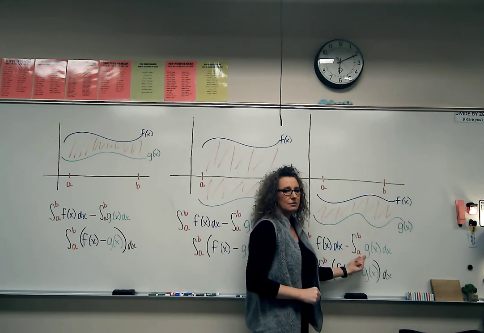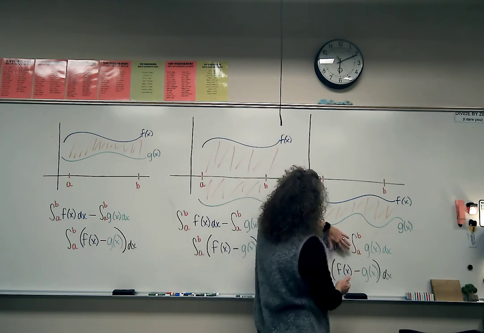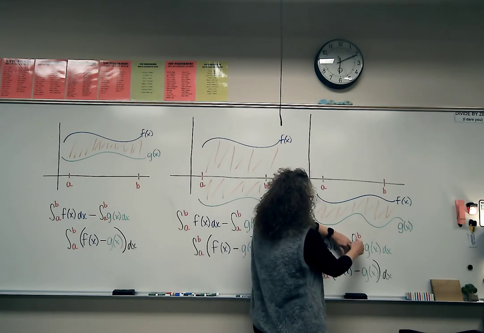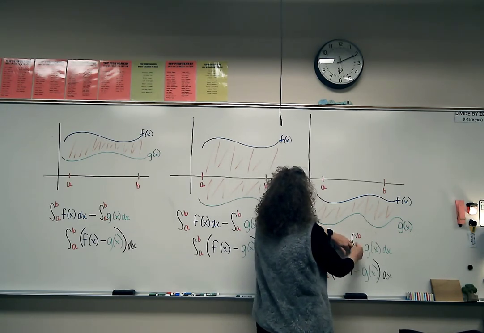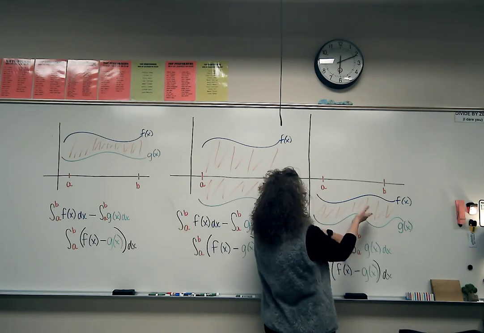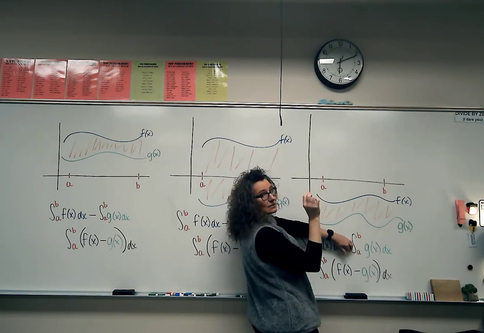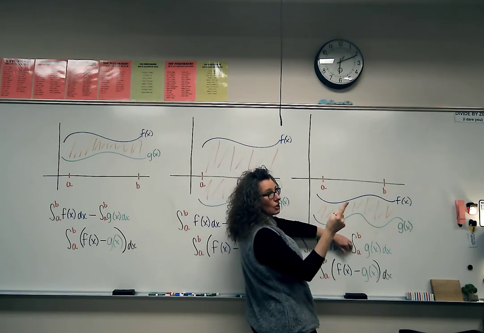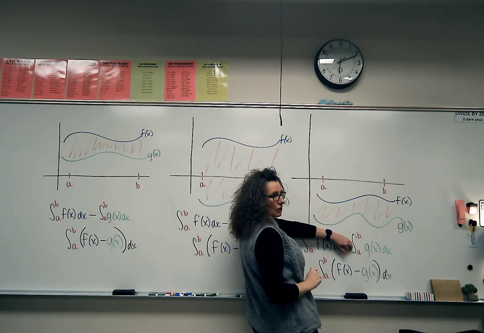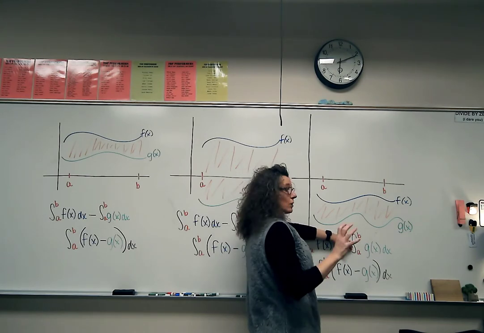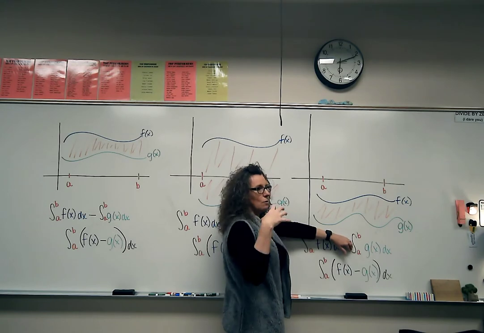Let's do g of x first. Forget the fact that there's a minus sign there. What does this integral get me? When I integrate g of x from a to b, doesn't that get me from the green all the way to the x-axis? However, it's going to be a negative answer. And we want area. I don't want my answers to be negative.